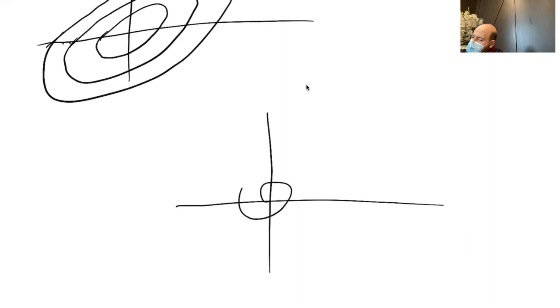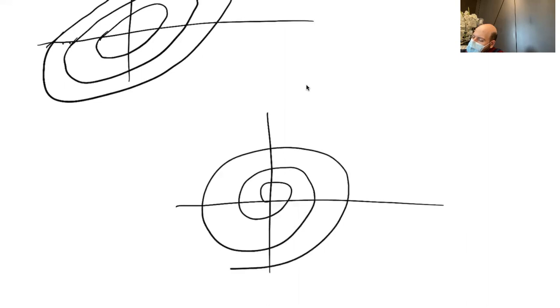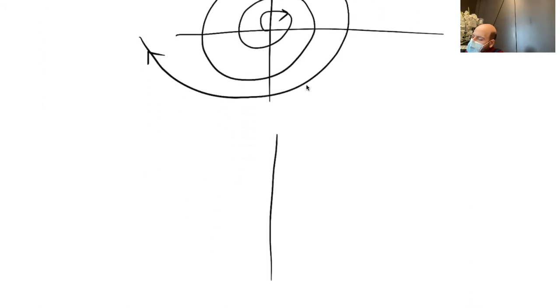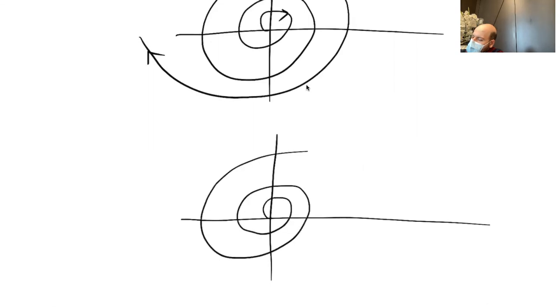In the other case, a spiral like this, with arrows getting farther and farther from the origin. This is if lambda 1 is equal to, let's say, alpha plus i beta, with alpha being a positive number this time. In the third case, it looks like a spiral, and this time the arrows point toward the origin.